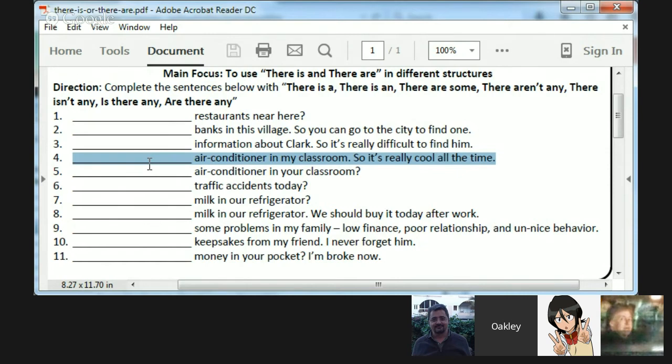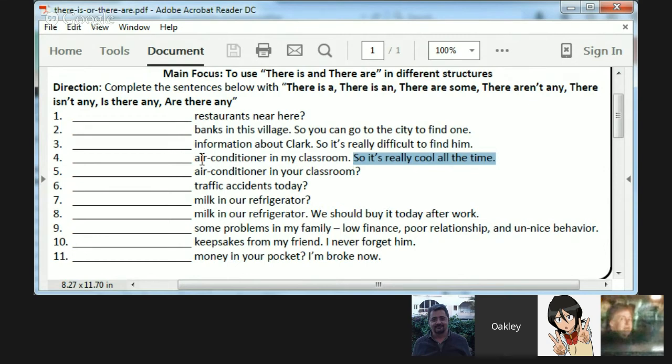Kimura, number 4. There isn't any air conditioner in my classroom, so it's really cool all the time. There is. Yeah, okay. There is, and I made a mistake. Yeah, you did, but you recognized it immediately.